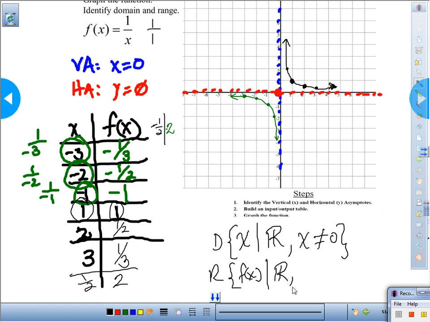What else? F of x cannot equal 0. All right, show me what you are up to right there. Yeah, so what is the challenging part? The asymptotes and just computing the points, is that correct? All right, let's do another one.